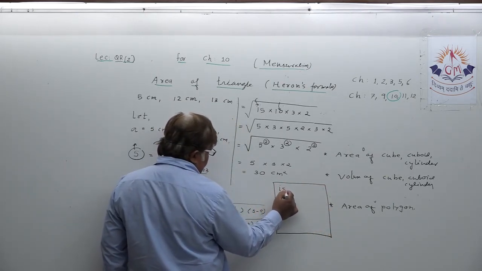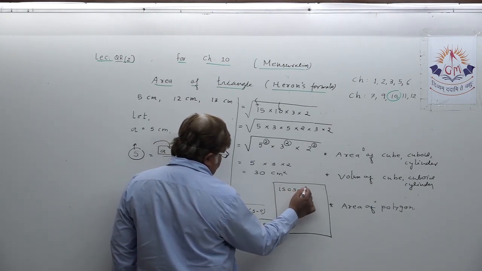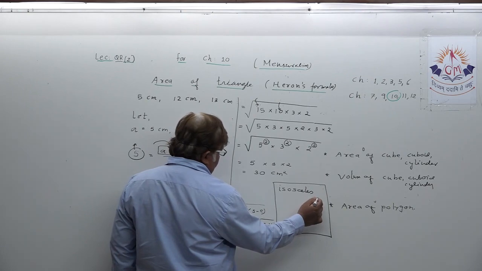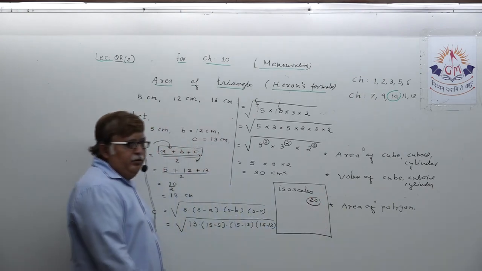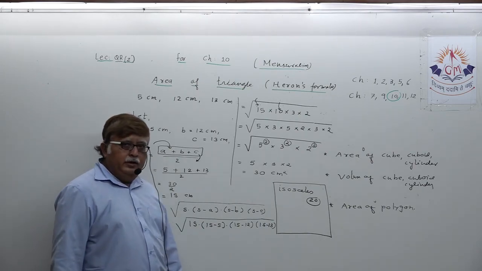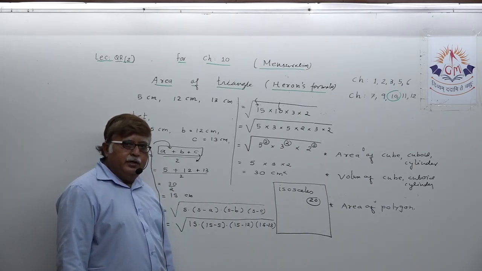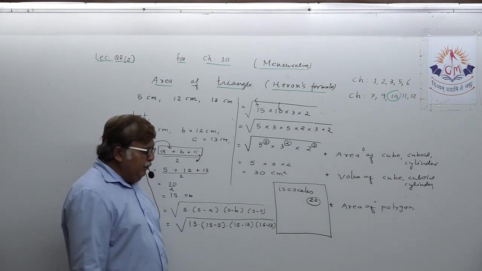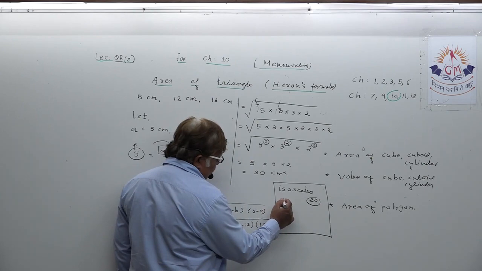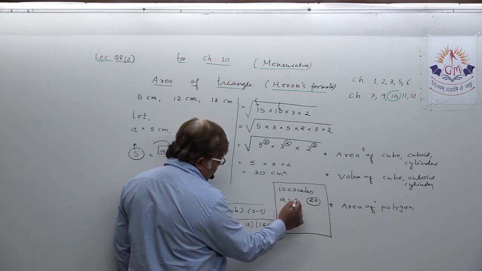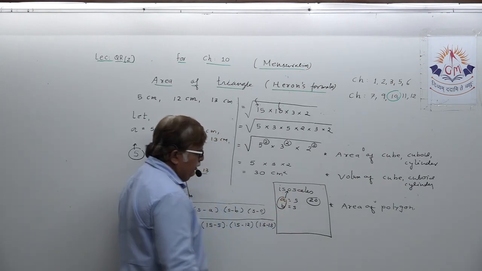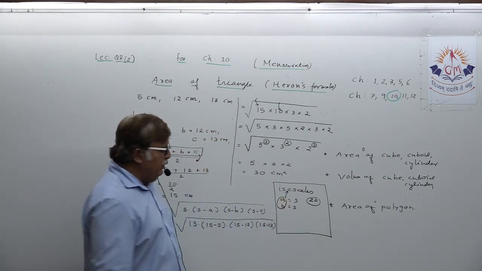And you are also told that the length of the two congruent sides are 5 centimeter each. So you can, dear student, write A equal to 5, B equal to 5. Two sides are congruent because it is an isosceles triangle.